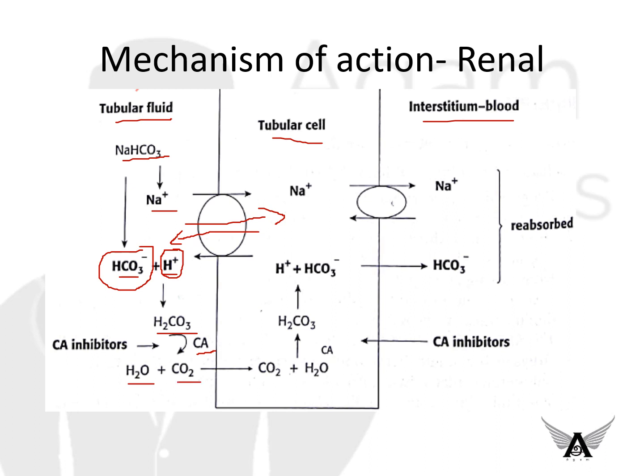This water and carbon dioxide diffuses into the tubular cell to form carbonic acid again under the influence of carbonic anhydrase and later dissociates into bicarbonate and hydrogen ion. Okay, all these steps are physiologically involved in the acidification of urine.